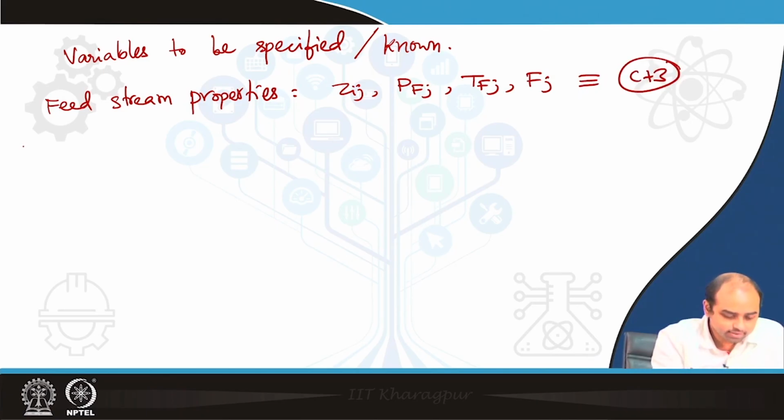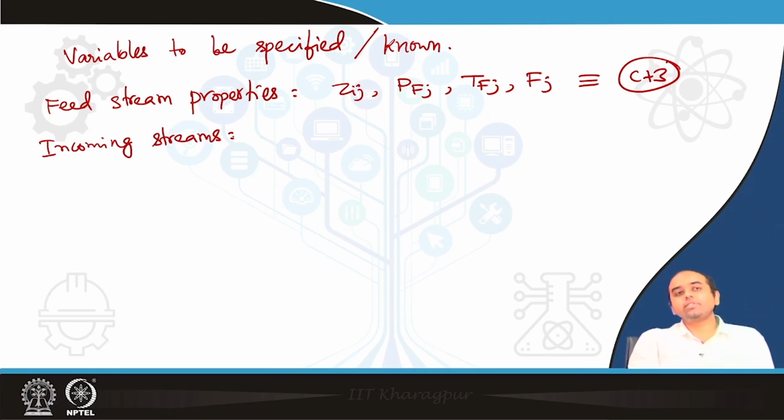Then you have incoming streams. This is very important, right. So all the incoming stream properties would be known because they are part of the solution of the previous tray, I mean either the bottom tray or the top tray corresponding to the jth stage. So any stream which is coming from j minus 1 or j plus 1, their properties would be known because they will be solved as a part of their stage calculation, so we cannot double count them.